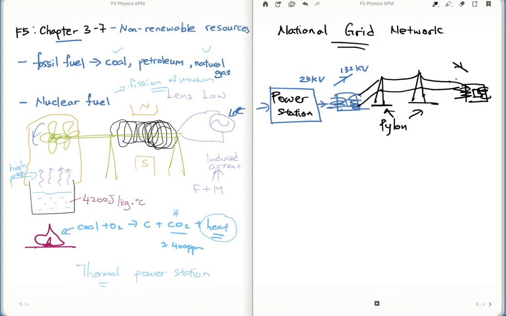So at the substation, this substation transformer steps down to 33 kilovolts.